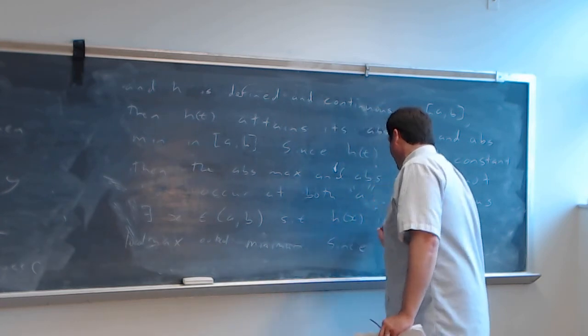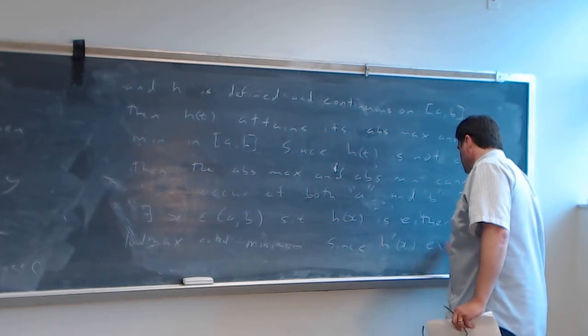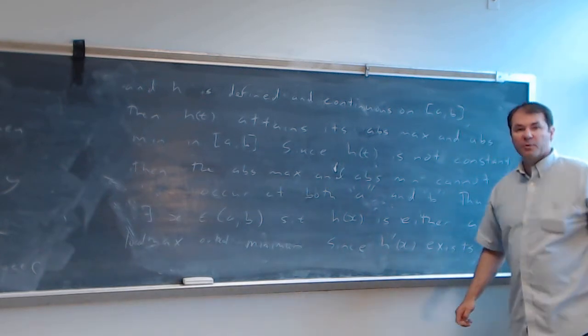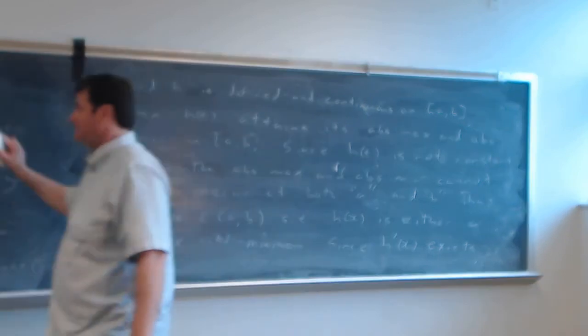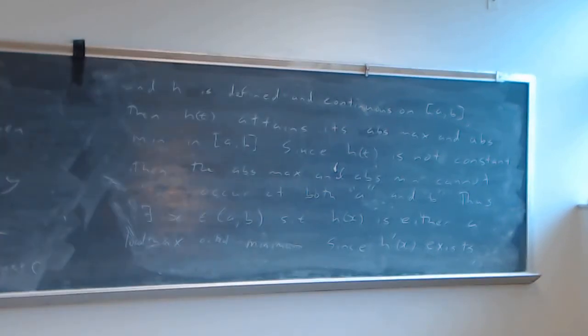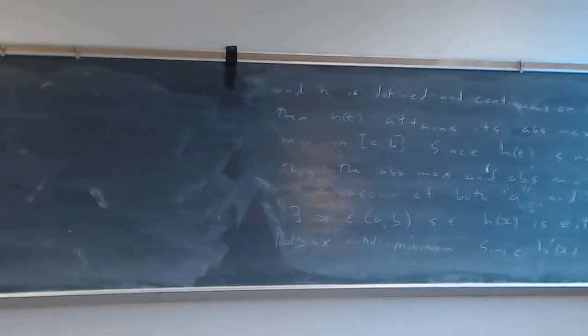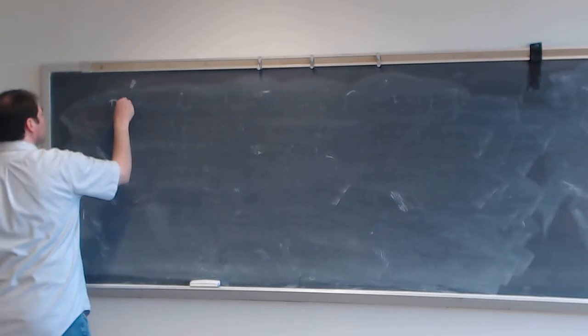Since h prime of x exists, then by a previous theorem we did last time, h prime of x must be equal to 0.